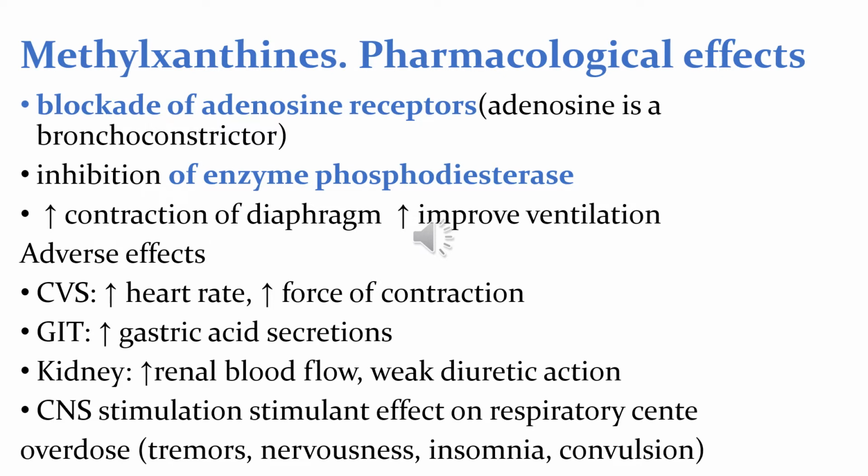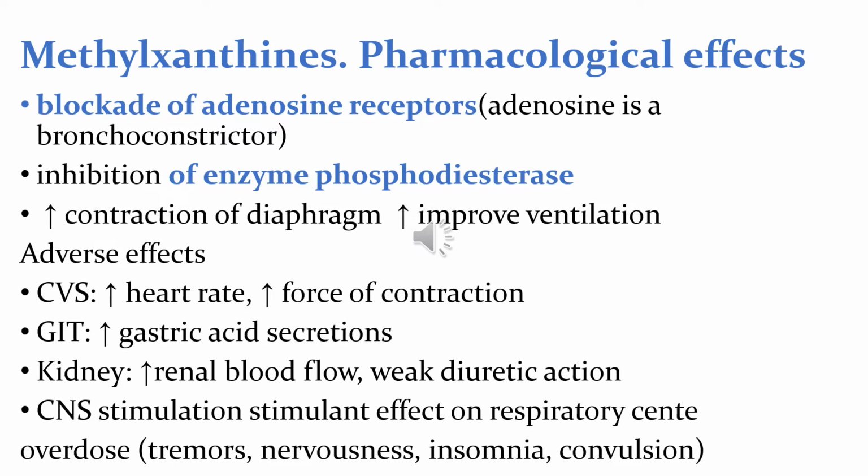The next group of bronchodilators: methylxanthines. Pharmacological effects: blockade of adenosine receptors, since adenosine is a bronchoconstrictor; inhibition of the enzyme phosphodiesterase; increased contraction of the diaphragm; improved ventilation.